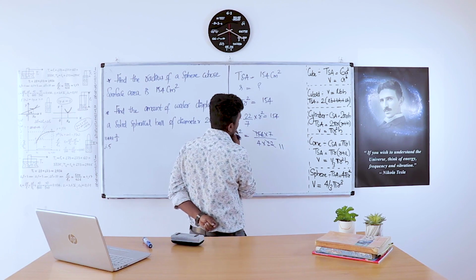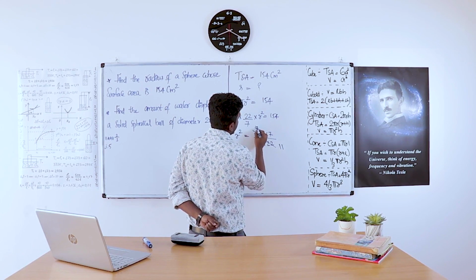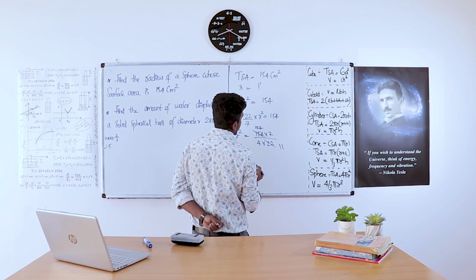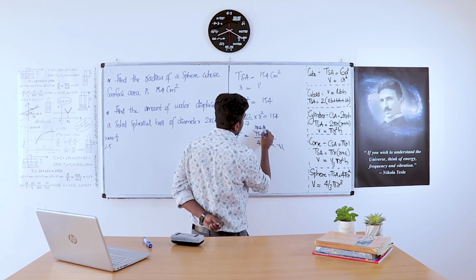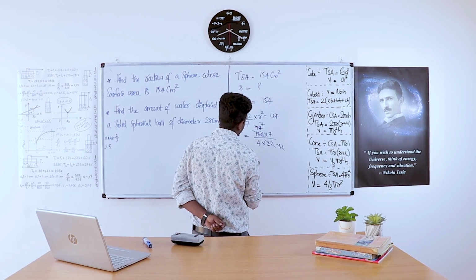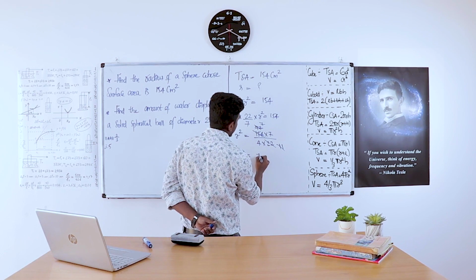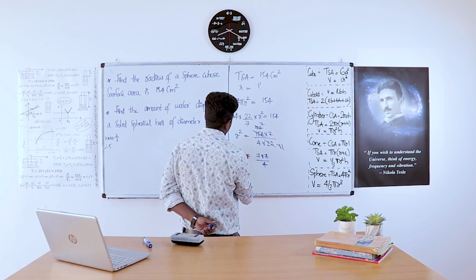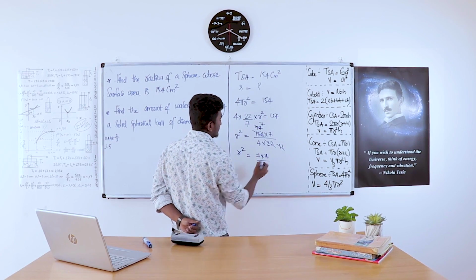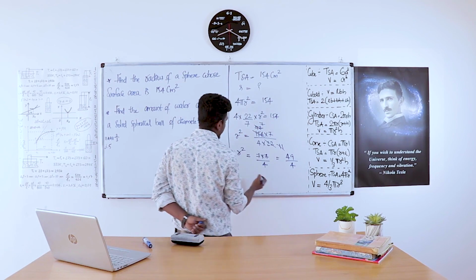Then 154 becomes 77. Then this 77 and 11 can be cancelled. 7. So in the numerator, 7 into 7 divided by 4. So r square is equal to 7 into 7 by 4, that is 49 by 4.